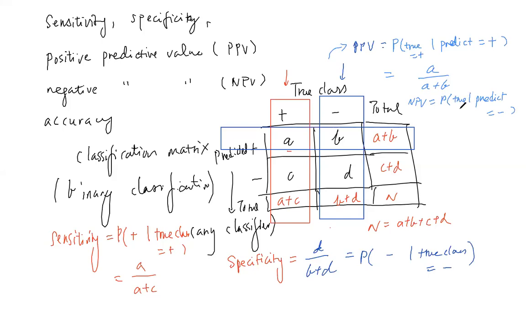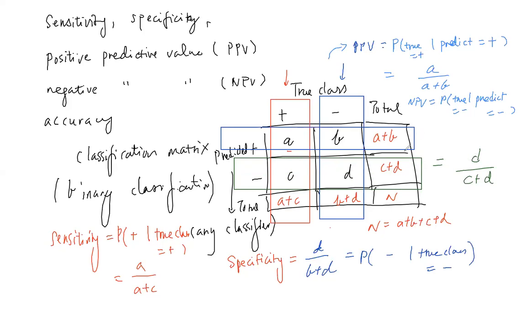So the true class is negative, right? So it's this row, yeah? So you will get basically D over C plus D.